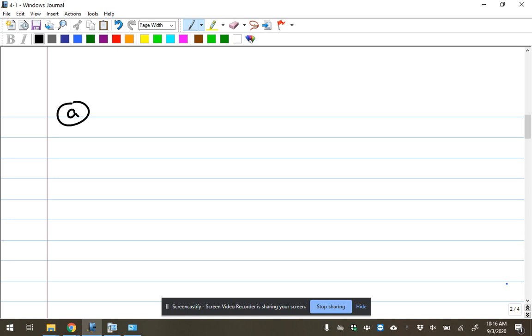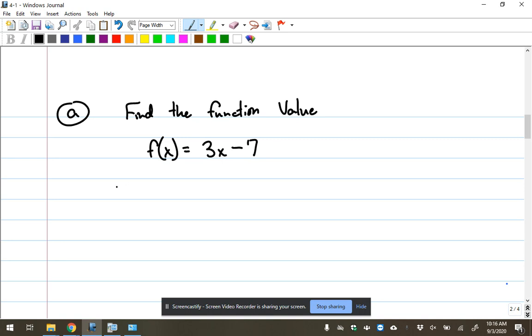So, let's look at the first example. Find the function value. F of x is equal to 3x minus 7. Find f of negative 2.